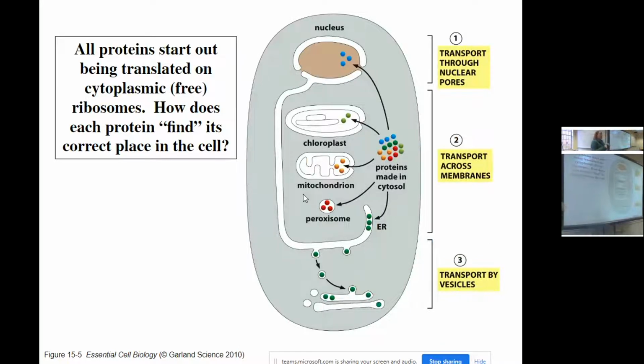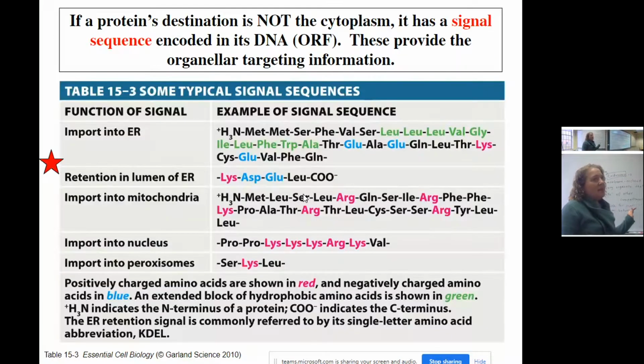All proteins start out getting made in the cytoplasm, but getting to the correct location requires this whole system of the cell to identify and tag proteins for their destination. That's how they're going to find their place. And here's how proteins find their place.